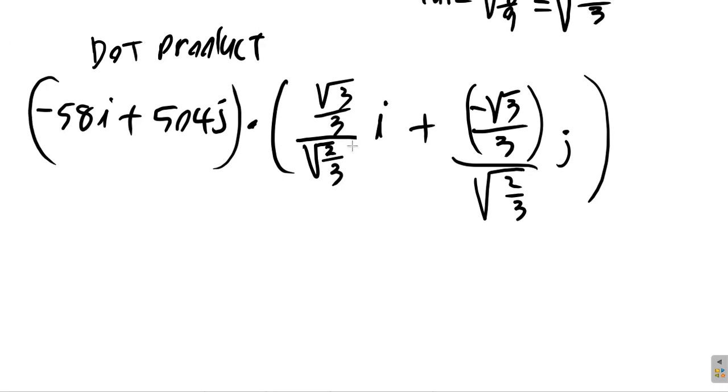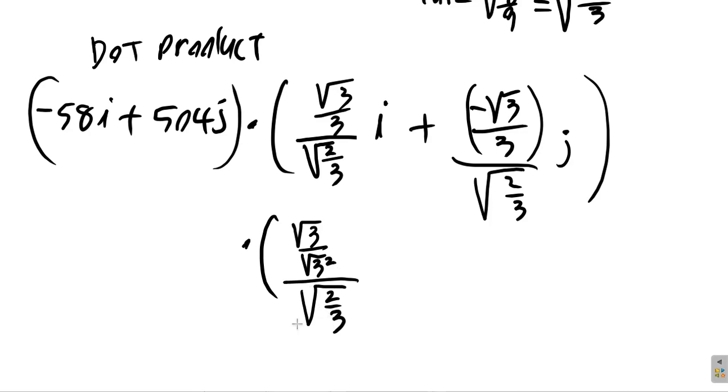So, you know that this could be written as, this part is the square root of 3 squared. So this is square root of 3 over the square root of 3 squared. Square root of 3 squared is 3. Divided by square root of 2 over 3.